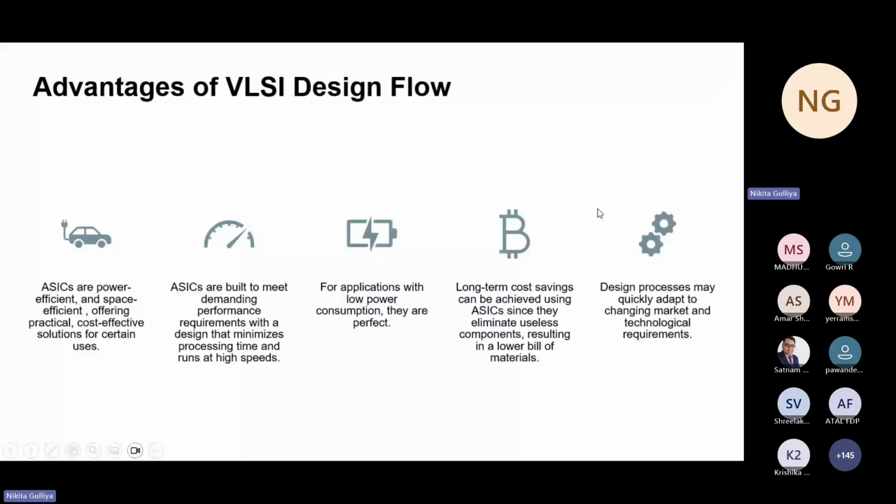If I talk about the advantages of a VLSI design flow, then ASIC-based designs are highly power efficient and area efficient, making them ideal for specific applications. They can be optimized for high performance, allowing designs to run at very high speeds while minimizing processing time.